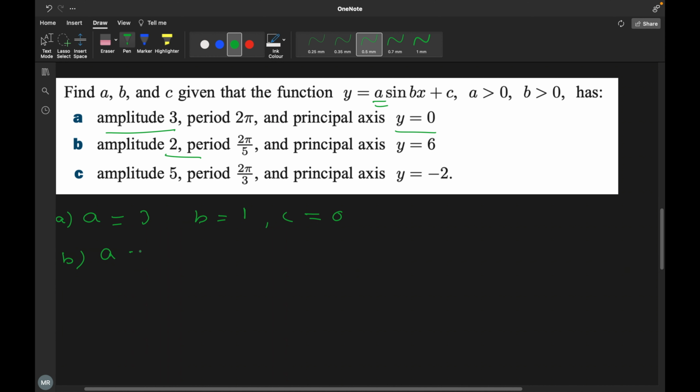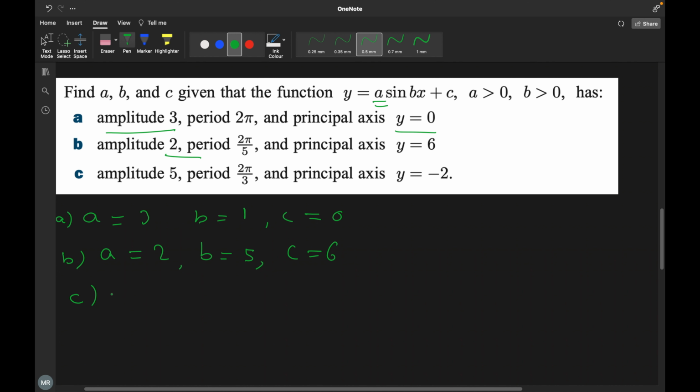Let's look at part B. Amplitude 2, so a equals 2. B would be 2 pi. So we know that 2 pi by b is the period. So therefore b would be 5, and c would be 6.